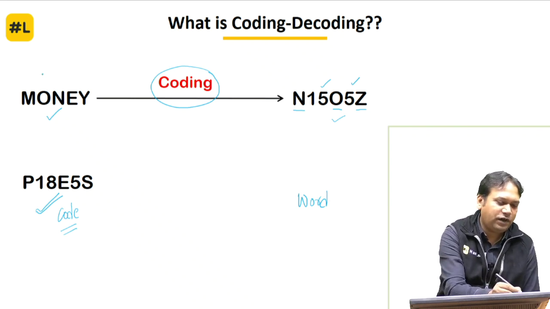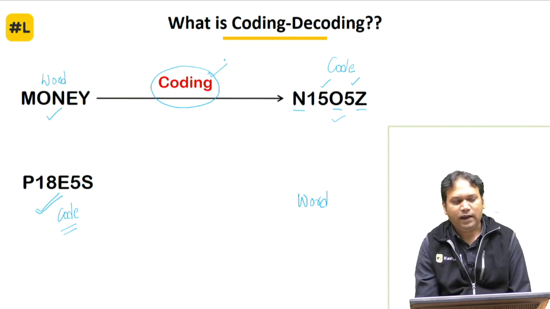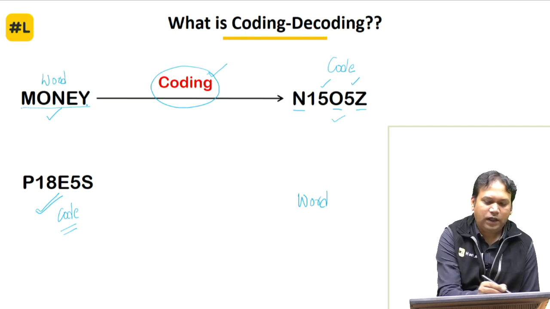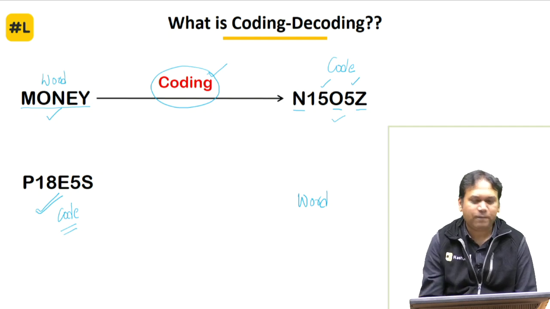So, we have a word here and we have the code here. Some kind of a coding method has been used to convert this word money into the code N1505Z.